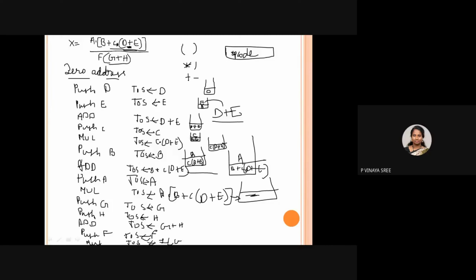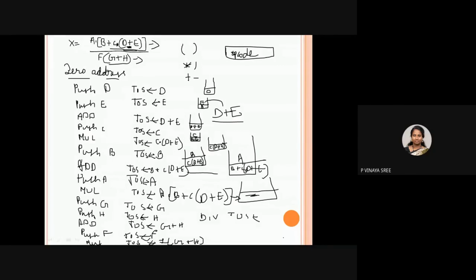F into G plus H. Next step is what, ma'am? Division. Yes, div means one on one side you'll be having this one, and the other one you'll be having this one. So between this, we are performing a division operation. So now top of the stack will be the expression.